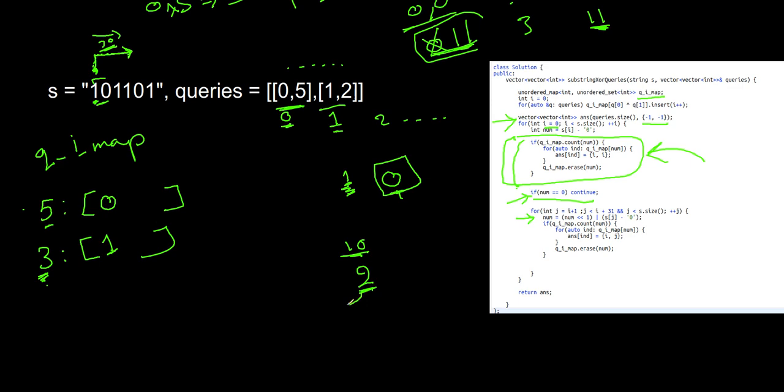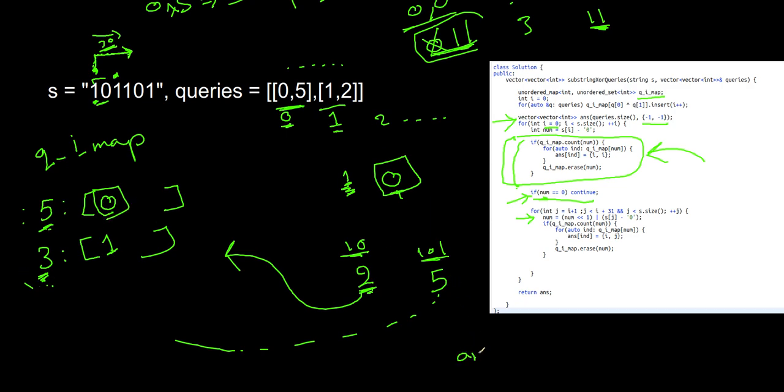Now we need to check in this dictionary if any query has the value 2, and the answer is no. Then we move to this, we have 1 0 1, and the value number equal 5, and we need to check for all queries that has the value 5, and we found this query 0.